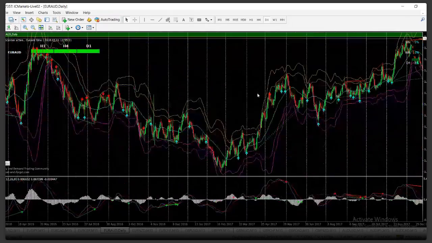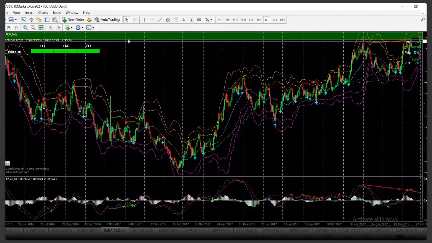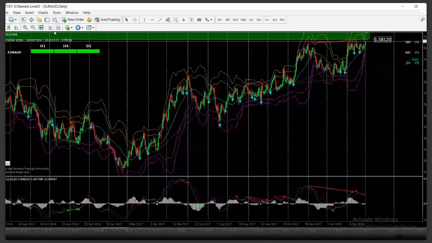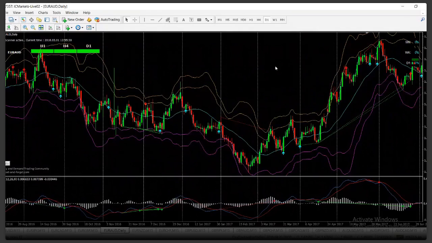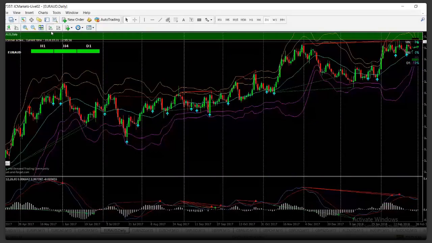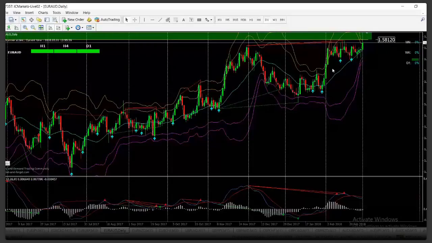Still, that's a big area. Still, we're getting divergence in the daily chart. This could be a good longer term play.